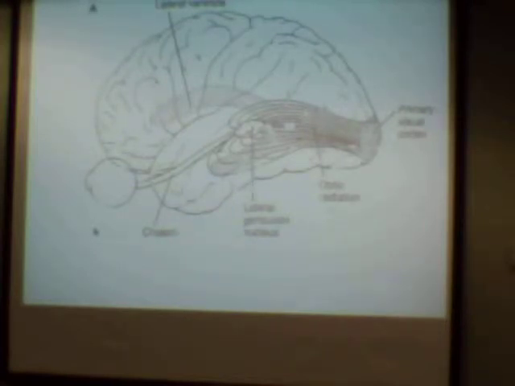So if you were to look at the retinal image, let's say, here's somebody's eyeball, here's the lens, and they're looking at somebody like that, okay? That image is going to be like that on the back of the person's retina, upside down.